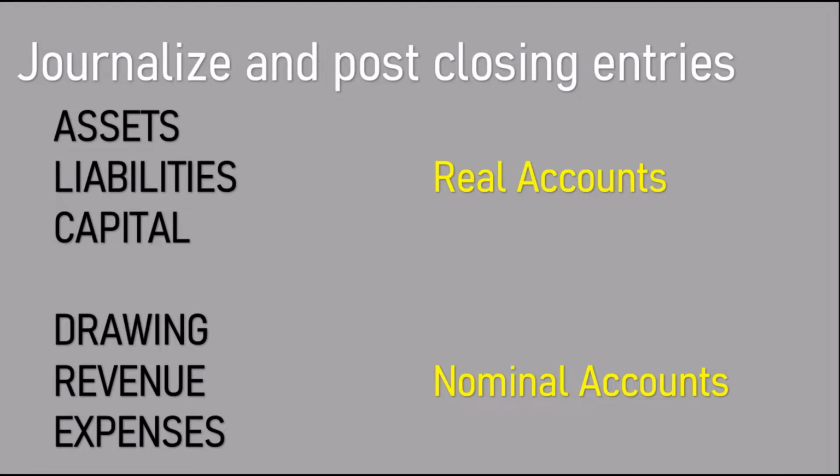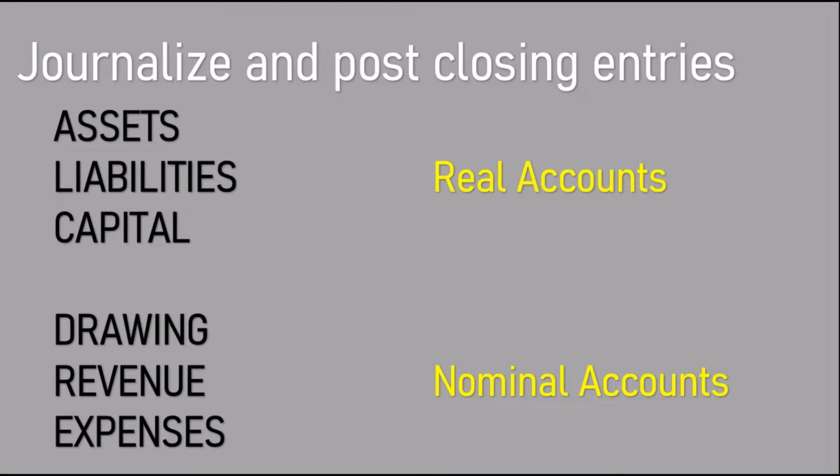For example, if you have cash of 1 million in the previous accounting period, that would be brought to the next accounting period since you still have cash of 1 million. However, your revenue of 50,000 in the previous accounting period should be brought back to zero because you need to record a new set of revenue in the next accounting period. That's why our drawing, revenue, and expense accounts are brought back to zero.